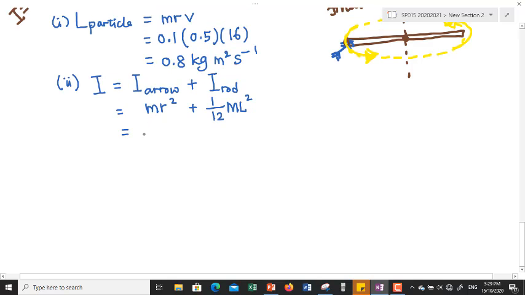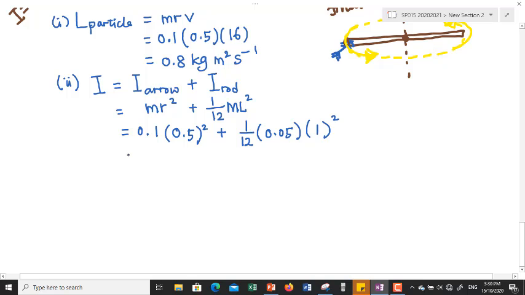The mass of the arrow is 0.1, and the distance from the axis of rotation is 0.5 squared, plus 1/12, the mass of the rod is 0.05 and the length of the rod is 1.